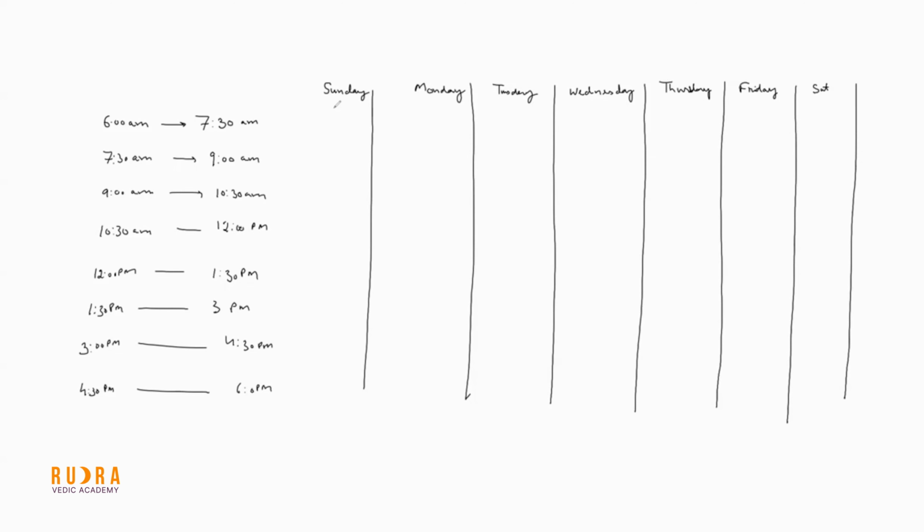Now there are 8 types of hours that are written in the Panchanga. And the first one is called Udvega. Then Monday's first is Amrit. Tuesday's first is Rog. Wednesday's is Labh. Thursday, Guruvar, is called Shubh.